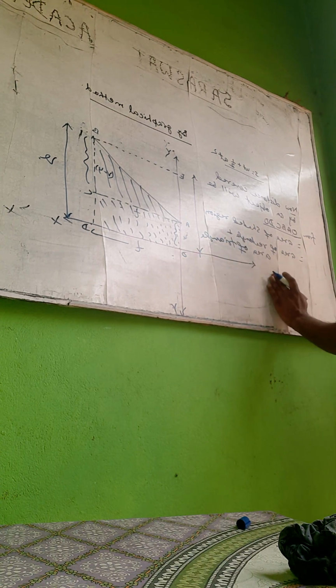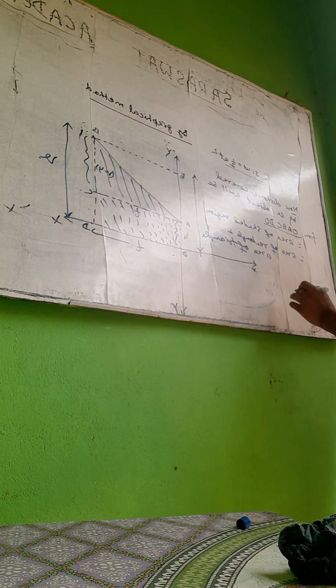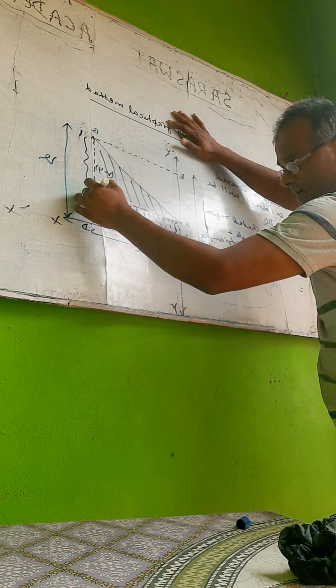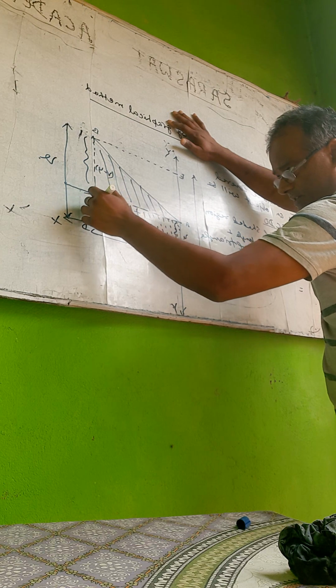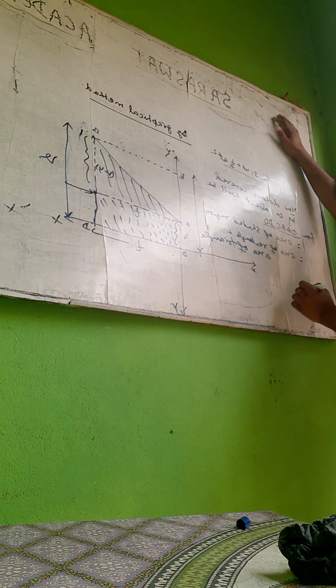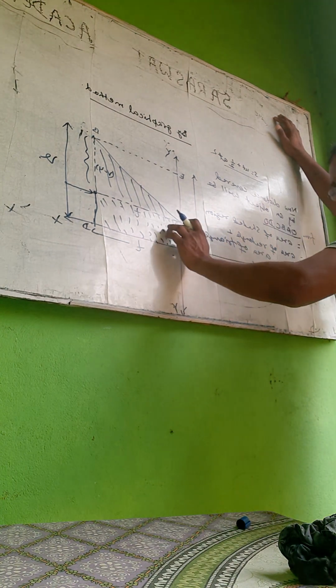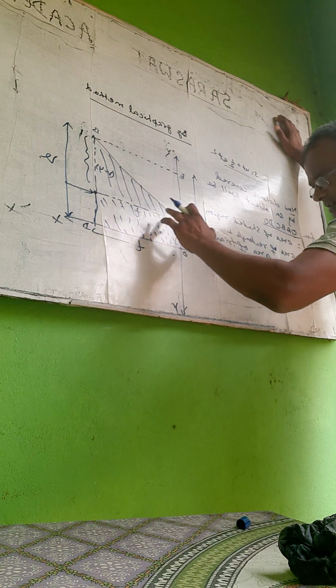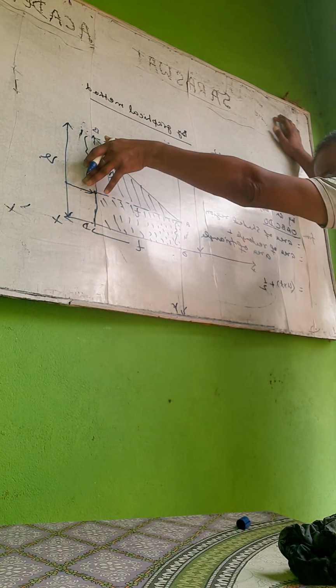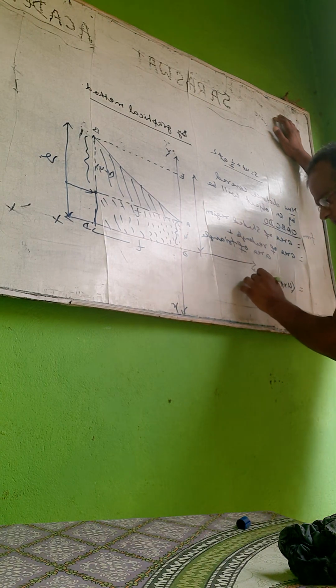Area of the rectangle will be how much? Anyone? u into t, length into breadth, plus half base into height.